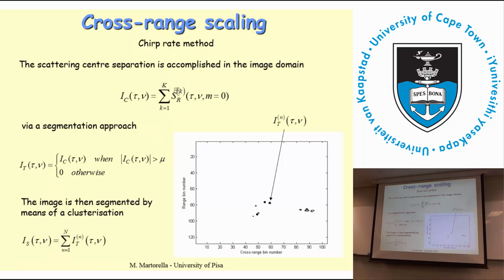So now it's a matter of identifying these points. And you can do it in many ways. One way of doing it is by segmenting this image into dots. Or you can even do it manually, but if you want somebody to do it automatically, then you have to find a way of extracting peaks. Once you've extracted peaks, then you basically isolate that scatterer from the rest of the image.